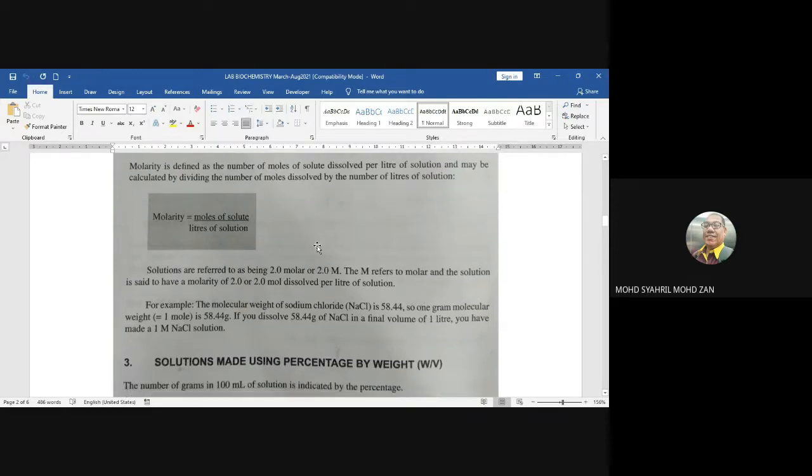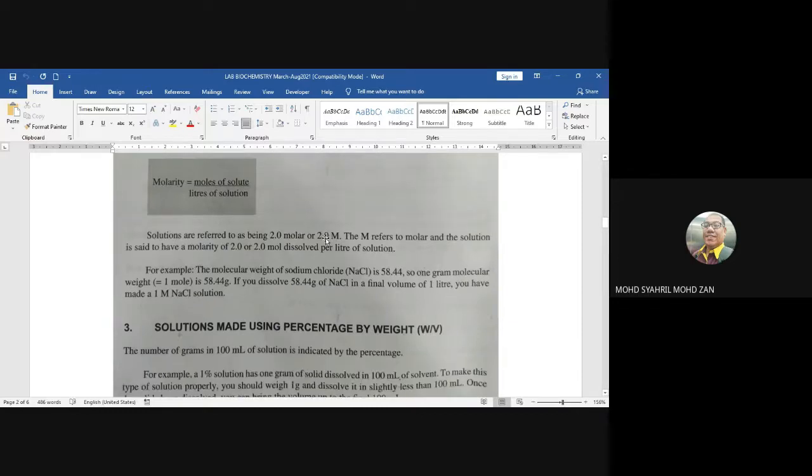In other words, in a formula, molarity equals the moles of solute divided by liters of solution. That's the meaning of molarity. How many moles of solute you dissolve in a liter of solution. That's the difference between solvent and solution: solute inside the solvent.